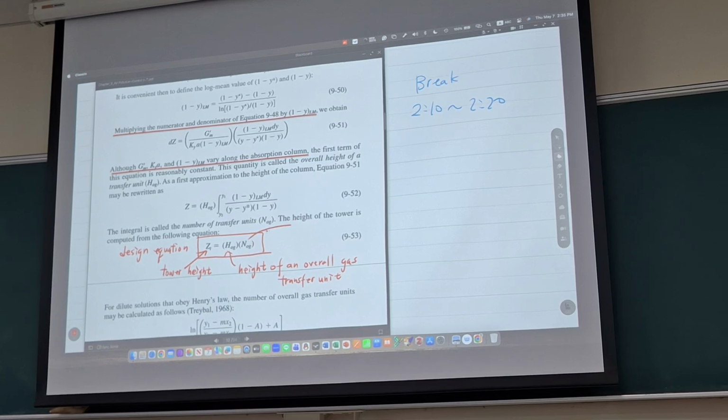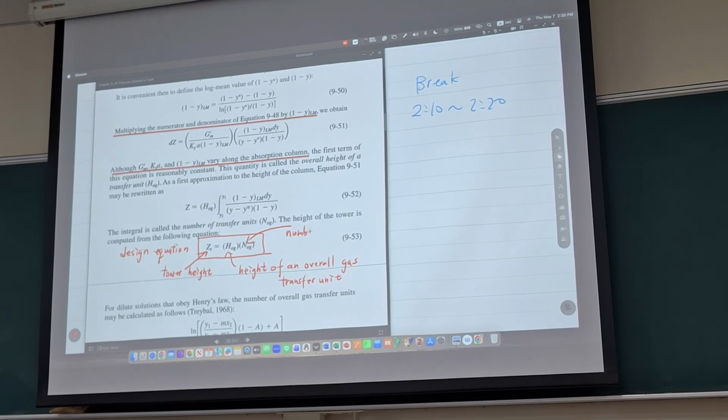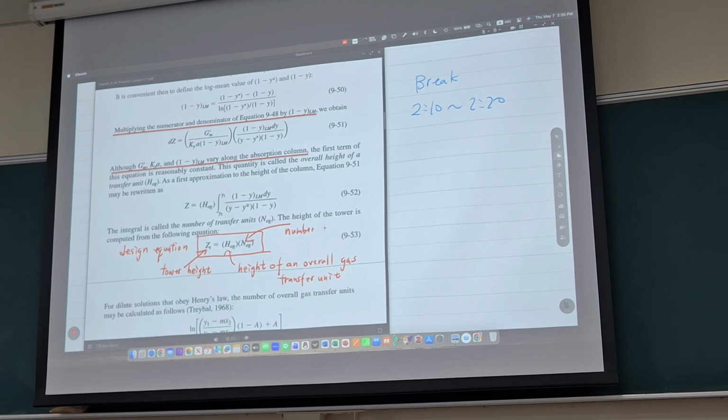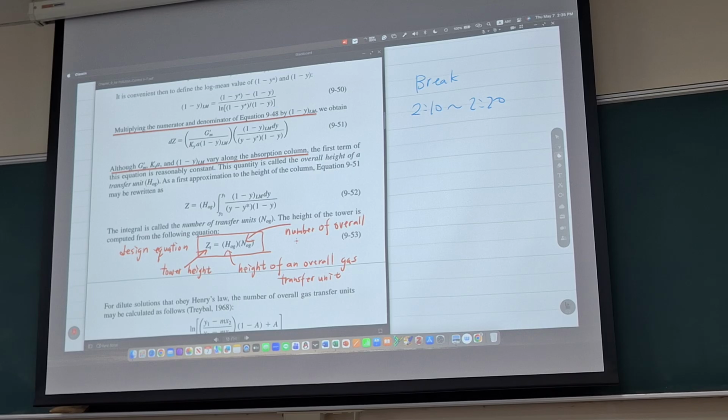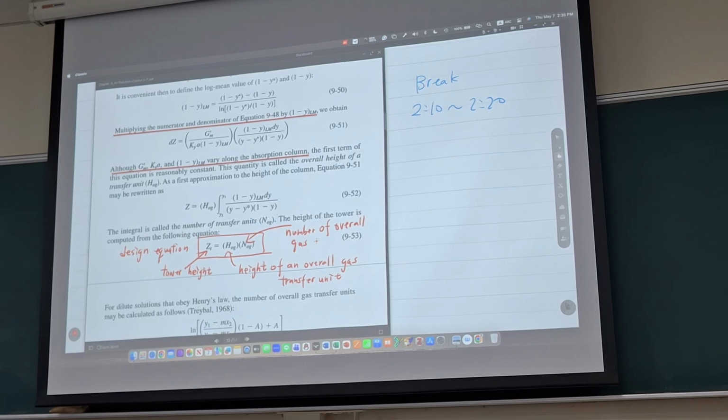Okay, and NOG, this is the number of overall gas transfer units.